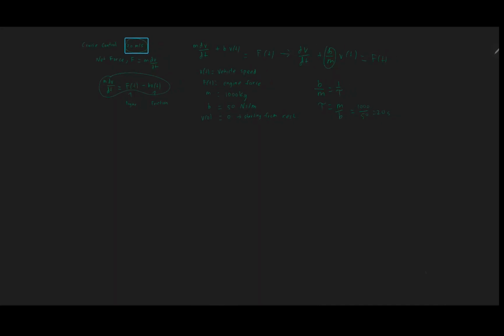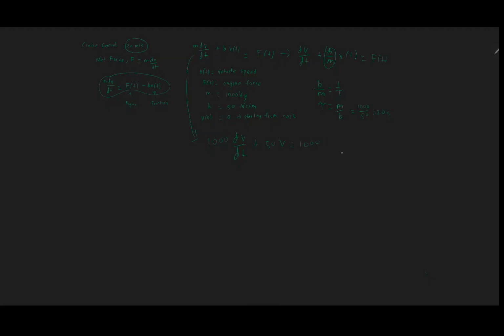Let's sub in our values of the mass of the car and friction. So we get 1000 dv over dt plus 50v is equal to 1000.